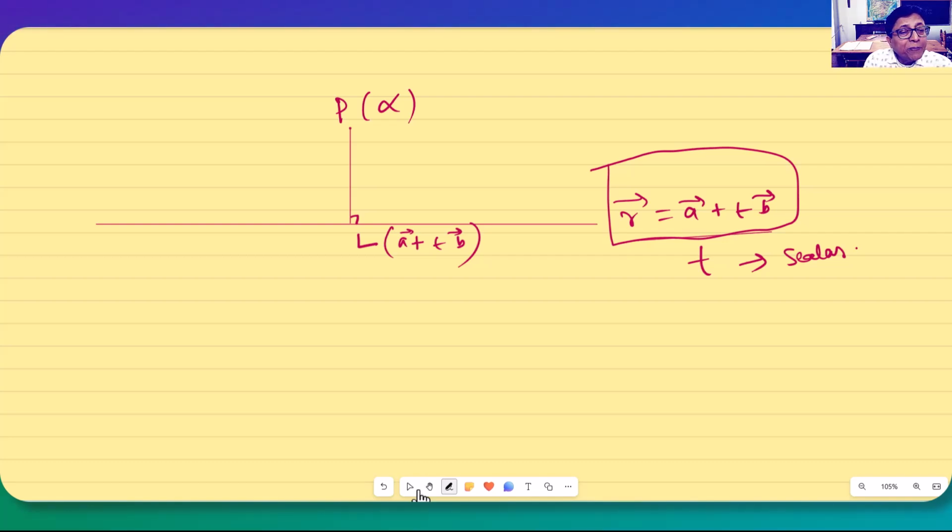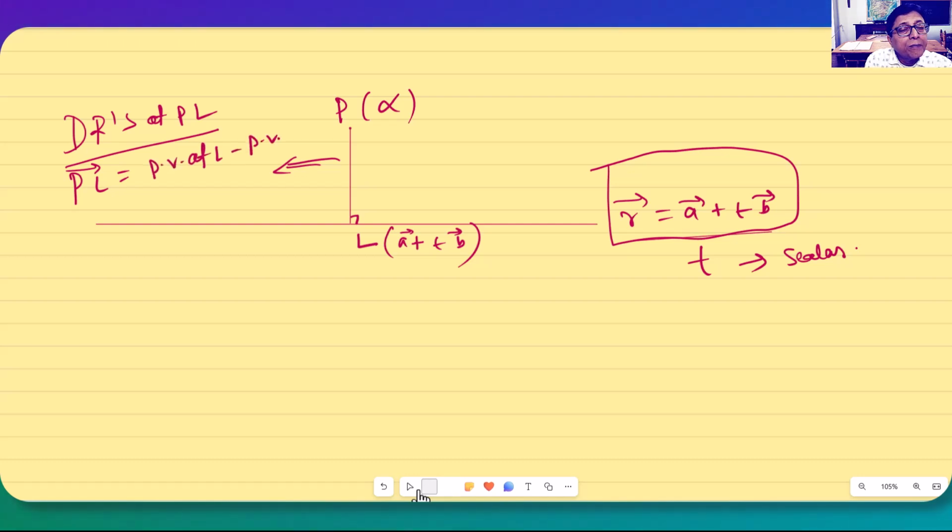Now what are the drs of PL? Or you write the PL vector in this manner. PL vector is what? Position vector of L minus position vector of P, that is a plus t into b minus alpha.